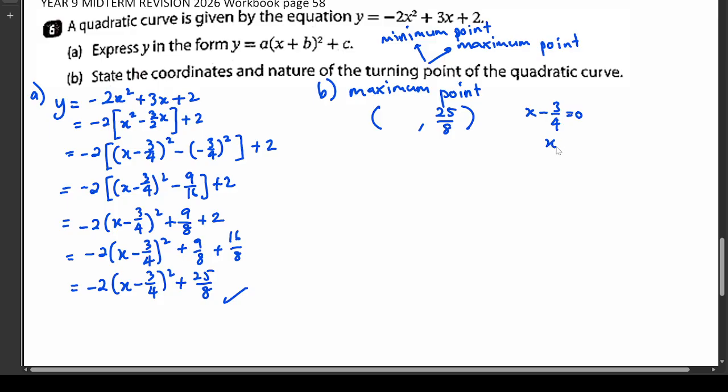And you do a little bit of calculation, which is 3 over 4. Or some of you use the shortcut, which is just flip the negative sign to positive sign. You can do that actually, right? You can just flip the sign. If it's negative, you get a positive value. If it's positive, you get negative value. So this is the maximum point, this is the coordinate.